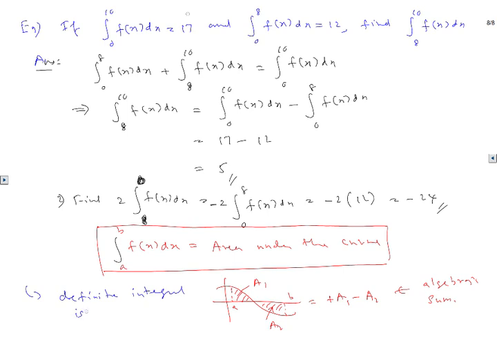But when you do definite, you're going to evaluate that. The definite integral is the antiderivative evaluated at the corners. Okay, the corners. Remember what we did? We calculate the farther corner, subtract the shorter corner.